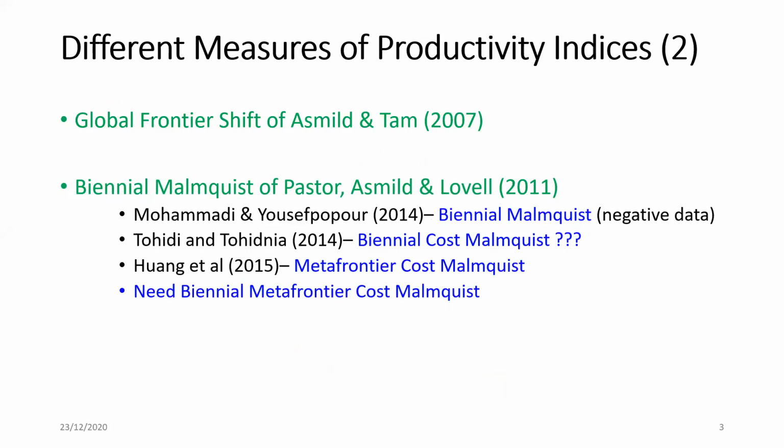Now, the frontier shift is normally used when you are dealing more with conventional population communication. So when you want to speak more about the overall population instead of talking about individual observations, you look at it from the frontier. You can also use this frontier shift to look at differences in groups. So you can look at foreign banks and domestic banks. Which one of them are doing well?